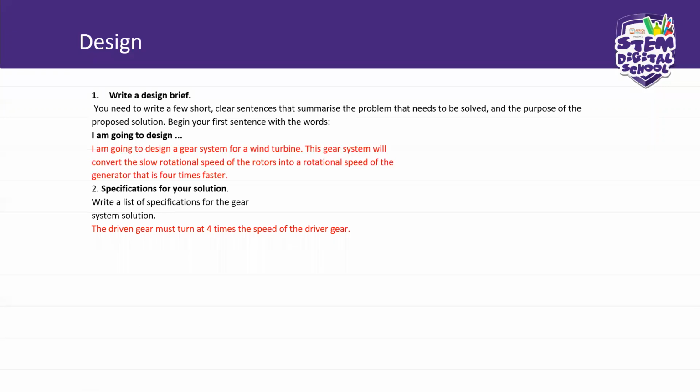This is what we are going to do. All right. I'm going to design a gear system for a wind turbine. This gear system will convert the slow rotational speed of the rotors into a rotational speed of a generator that is 4 times faster. Okay? Specifications for this solution is that the driven gear must turn 4 times the speed of the driver gear.